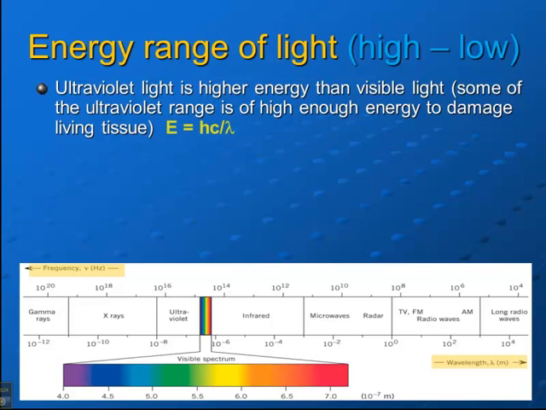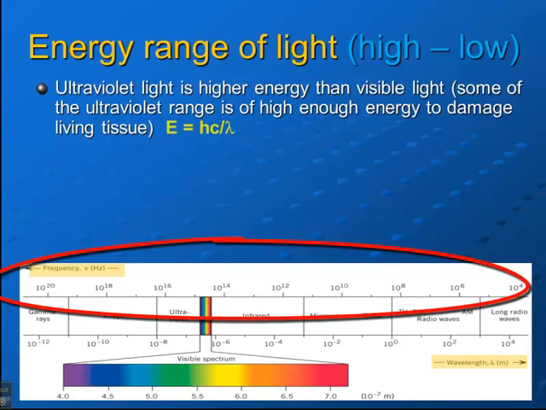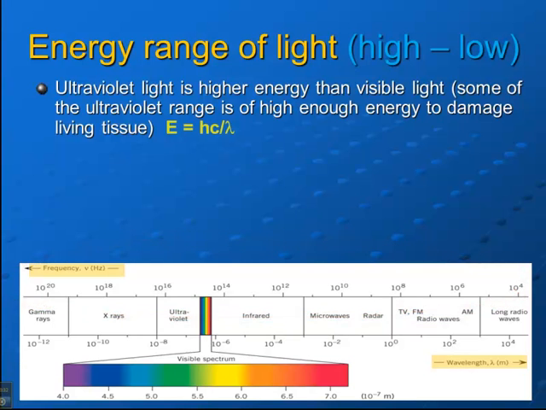What you notice from this is that the high energy wavelengths are actually the high frequencies. So those are very short wavelengths, and those are things like gamma rays, X-rays, and ultraviolet light. Those are the high energies. And then the longer wavelengths, and therefore the lower frequencies, are radio waves or microwaves, that sort of thing.